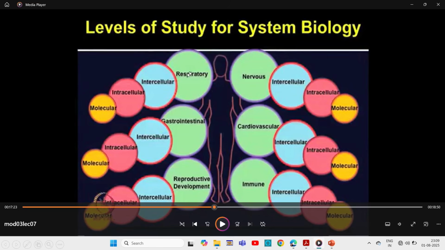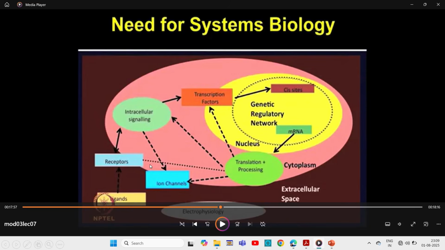Or else if you want to study all these systems together, the effect of one system on another, or the effect of a system on the cardiovascular system, whether the cardiovascular system can be involved in all of these. All of this is basically an interactive study rather than studying one component. That's nothing but systems biology.